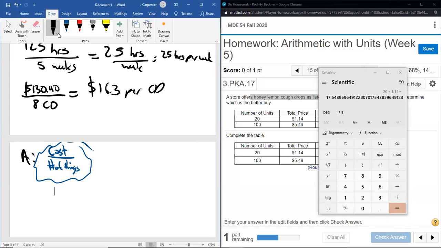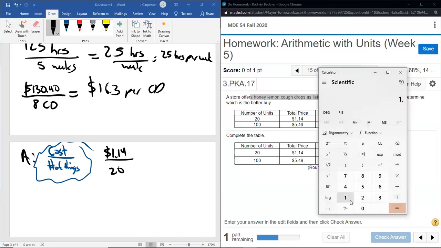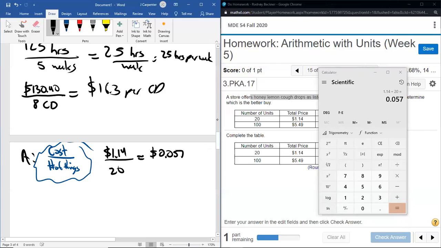So for scenario A, we take its cost, which is $1.14, divided by the 20 drops. And we get 0.057. And since that doesn't keep going, I'm actually going to write the answer that way. So that's $0.057 per drop, which is about 6 cents a drop.